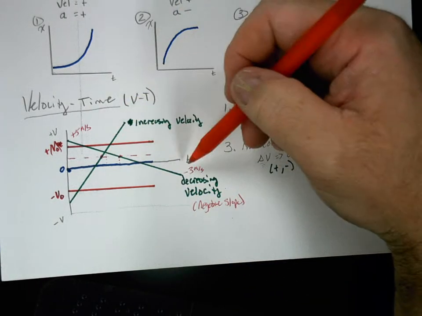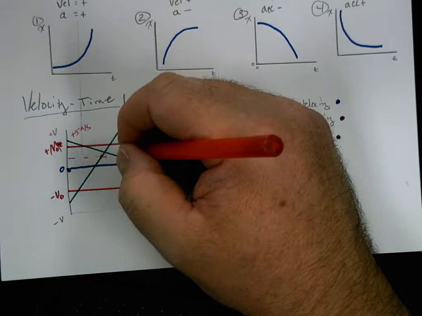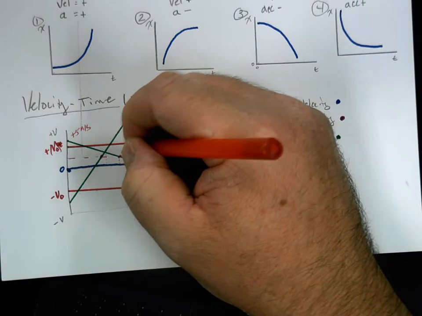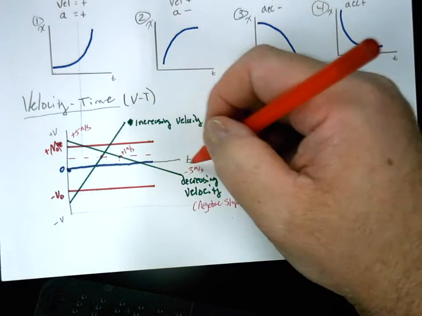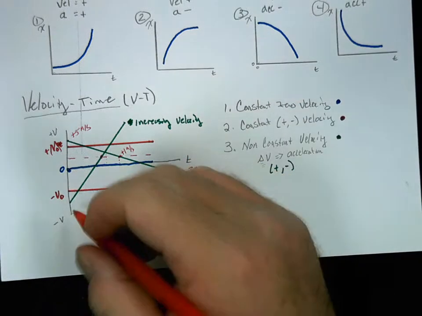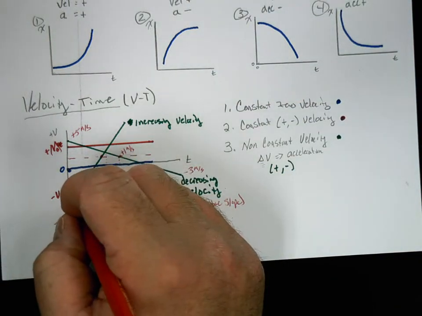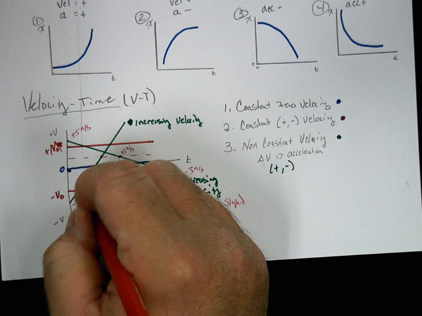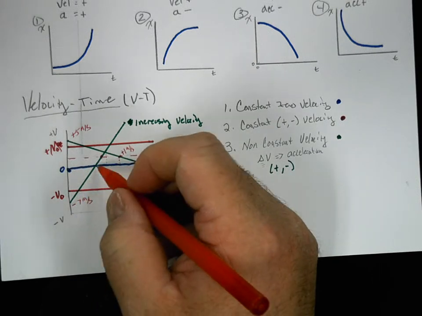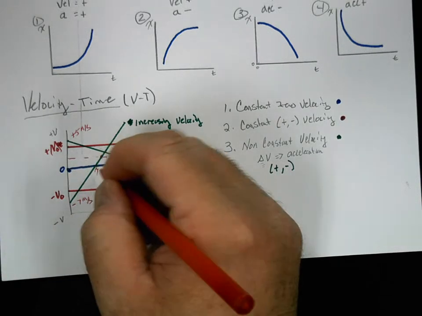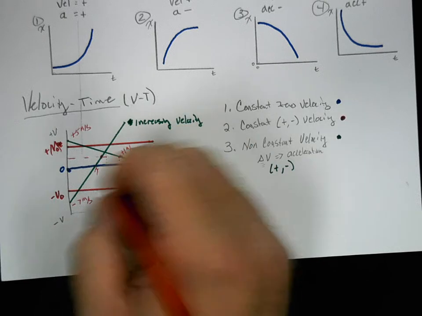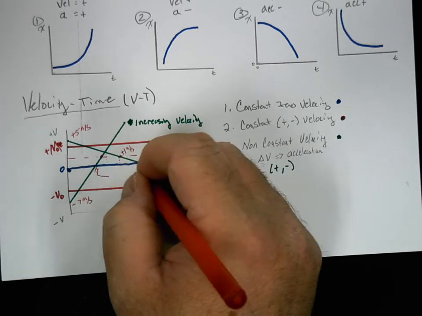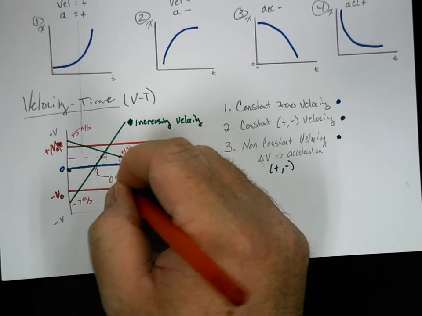And this moment right here would be, say, plus 1 meter per second. So as it travels, it is decreasing. And down here, this could be, say, a negative 7 meters per second, and we're increasing. Right there where it crosses, those are both 0 meters per second.